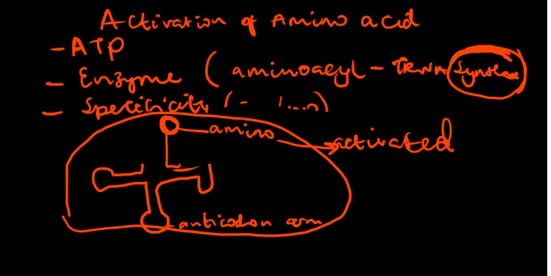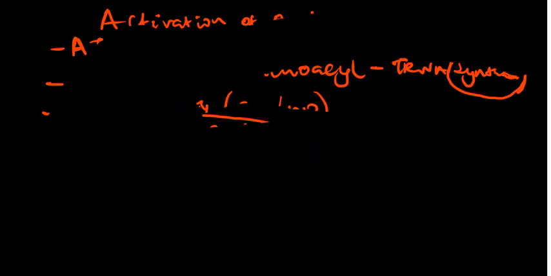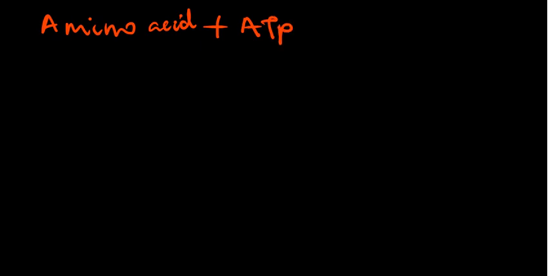Let me just summarize all this with an equation. That way you get a better understanding. The first thing is our amino acid. Like we said, we have ATP that helps to activate this amino acid. Now, for us to get our products quickly, we need an enzyme, which is amino acyl tRNA synthase.